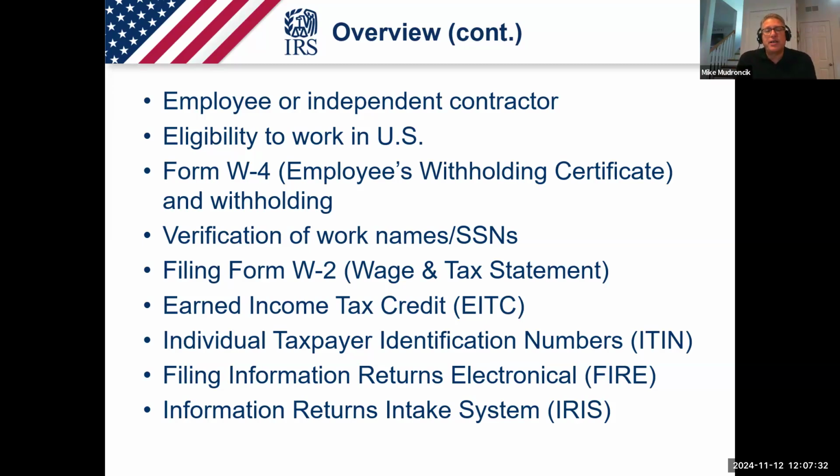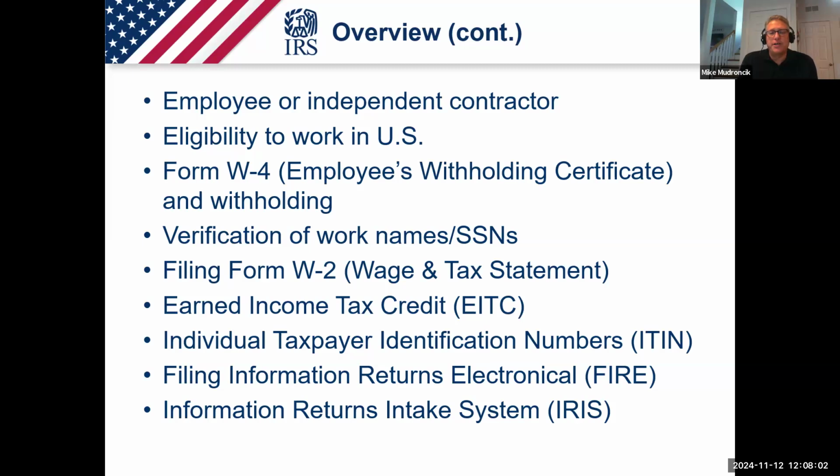That wage and tax statement is completed by the employer, and it identifies for the employee how much wages and how much taxes were withheld from the employee's wages during the year. That W-2 is given to the employee and also to the Social Security Administration. The Social Security Administration then shares that information with the IRS.